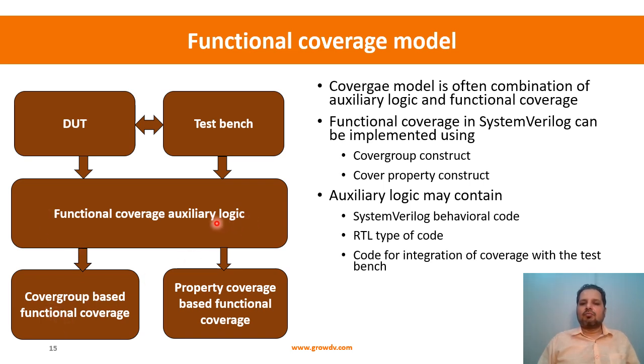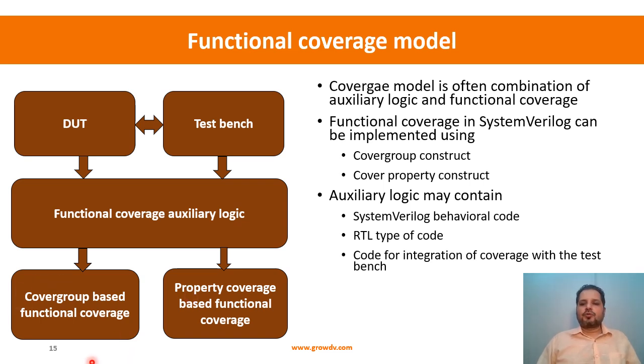The same massaged information could also be passed to a property based functional coverage model. This is a container for the property based coverage. It could be a module, it could be a checker. A checker is sort of always equivalent to a module. We will discuss the checker construct briefly in the next session, or it could be a module containing that, or it could be a program block containing that.